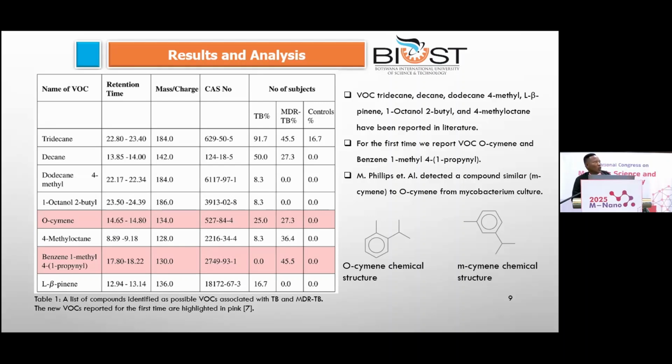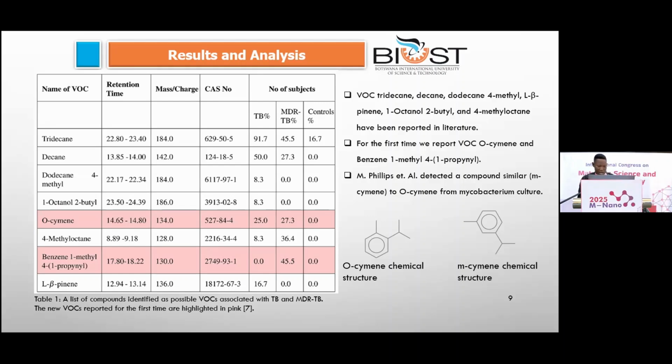Also, we report benzene 1-methyl-4,1-propanol as a biomarker for multi-drug resistant TB. Note that this VOC we only found in multi-drug resistant TB and not in TB patients or in the control. So this shows that this VOC could be a signifier that a person is developing resistance to TB drugs.